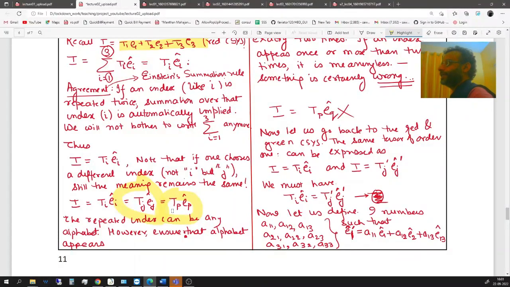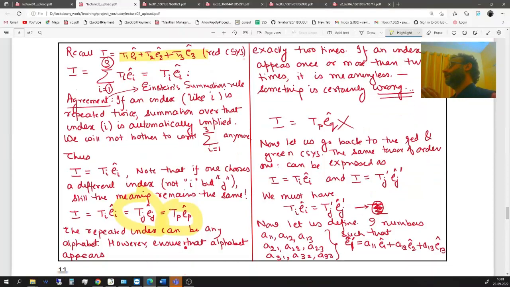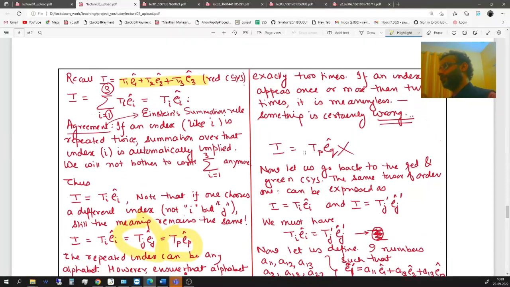The repeated index can be any alphabet, however, ensure that that alphabet appears exactly 2 times. If an index appears once in an expression, then it will not imply summation. And if an index appears more than 2 times, then it will be meaningless because we really do not have any rule for that. So we have to be careful. Now, in some situations, if an index is appearing once, it can still make sense.